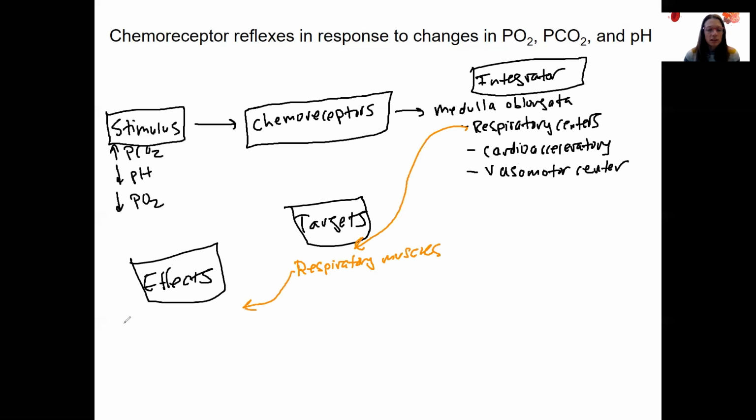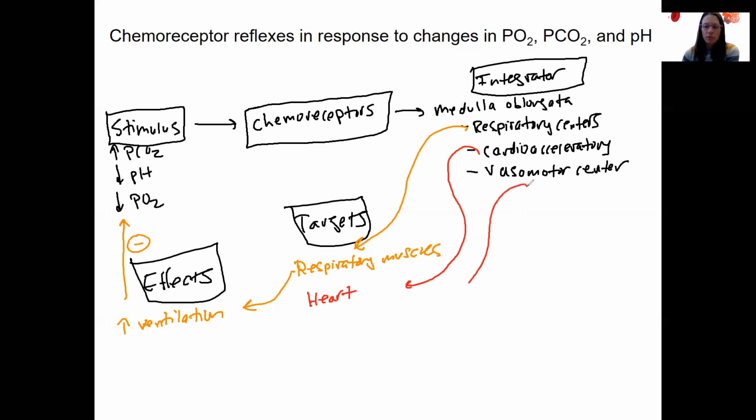That's going to result in increased ventilation. That's helping us respond to these things. Get rid of carbon dioxide, bring in more oxygen. Awesome. But I bet you already know what else, right? Cardio-acceleratory. This is going to target our heart muscle. Vasomotor. This is going to target our blood vessels, the arterioles primarily.